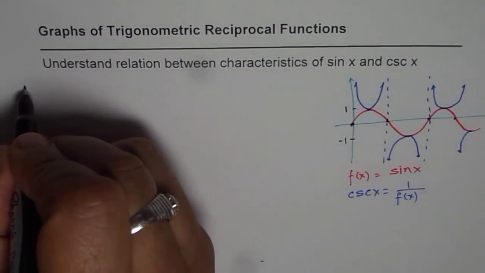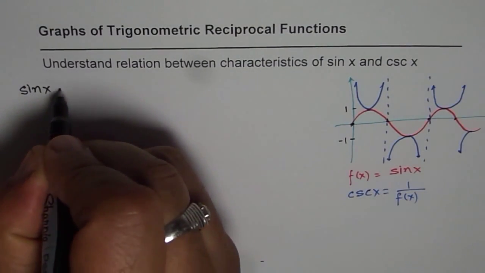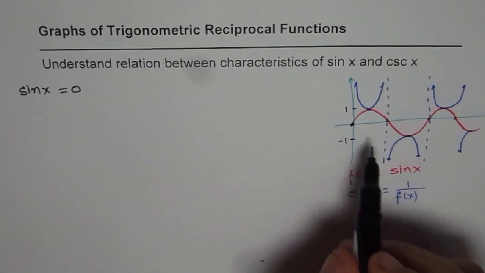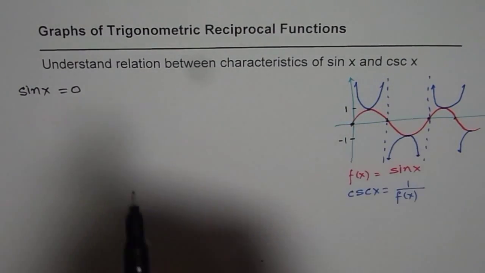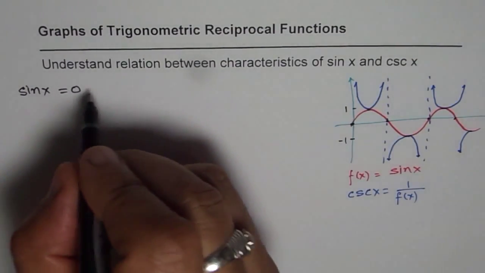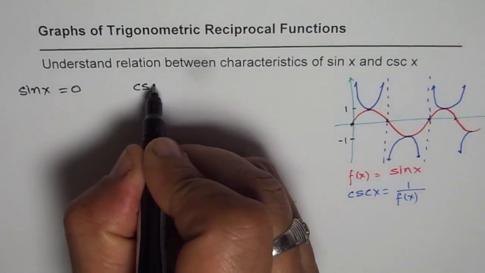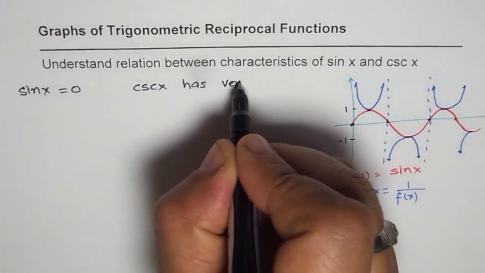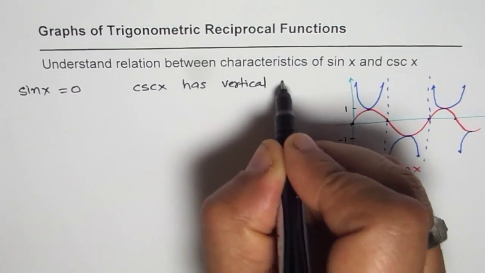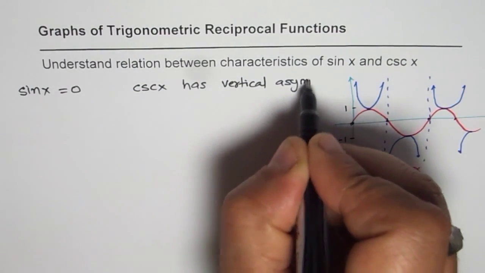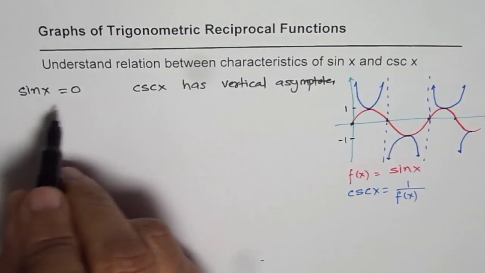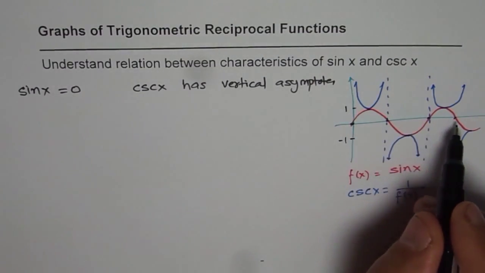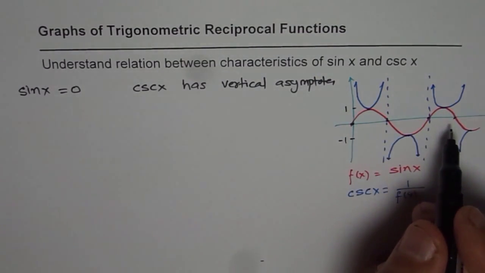So first, let us consider what happens at zeros of sine x. If I have sine x equal to 0, then how is cosecant x at that particular point? At these points, we will see that cosecant x has vertical asymptotes. So these zeros of sine x are not in the domain of cosecant x.